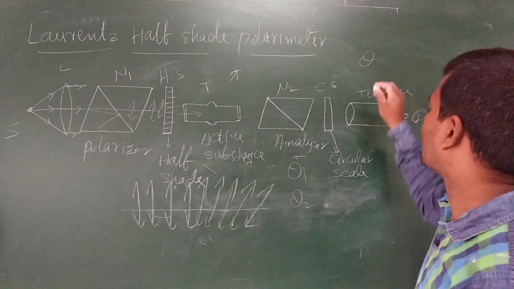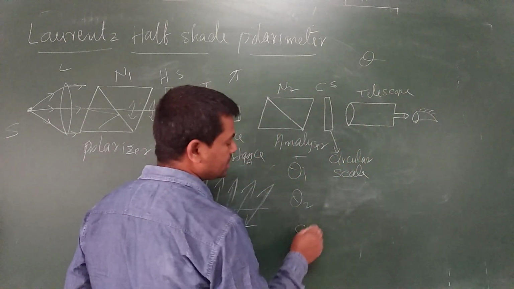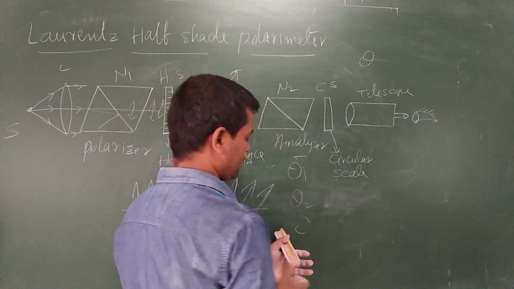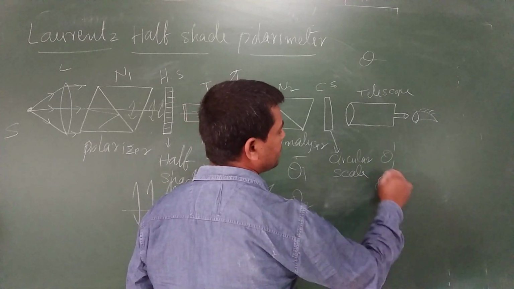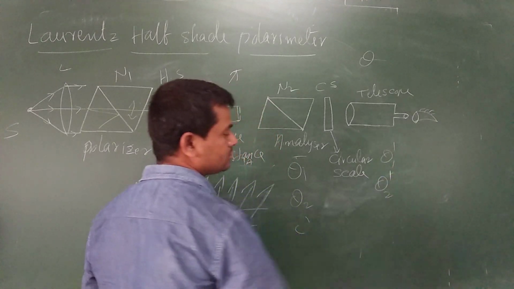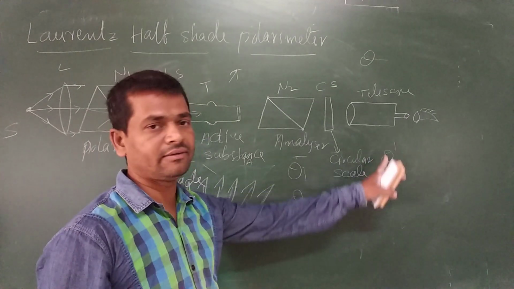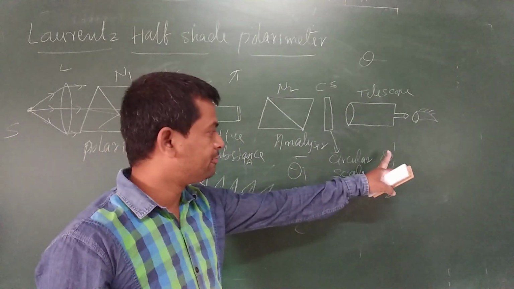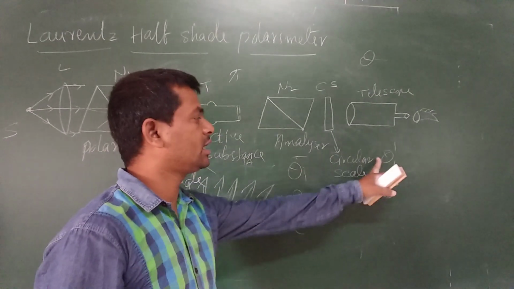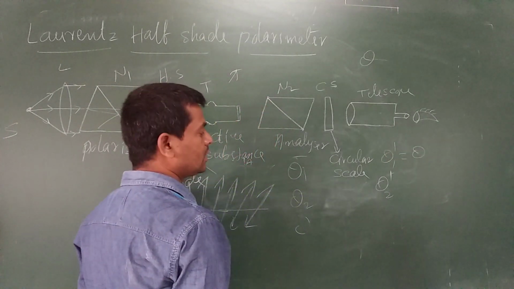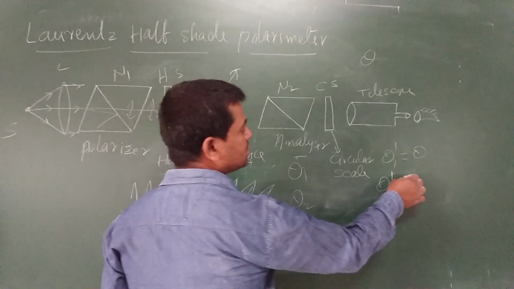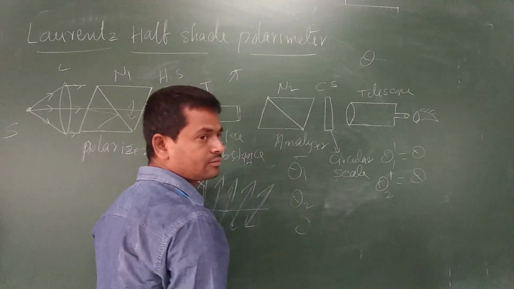Let those angles be theta 1 dash and theta 2 dash. Take the difference of these two angles and you get theta.